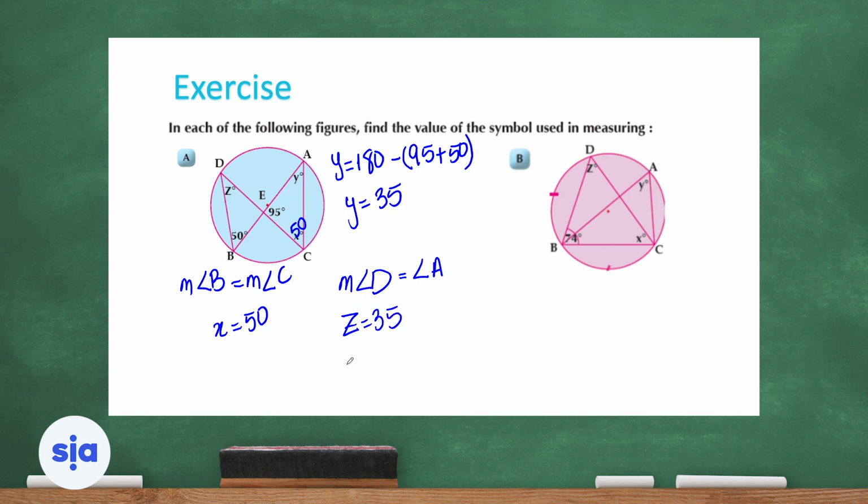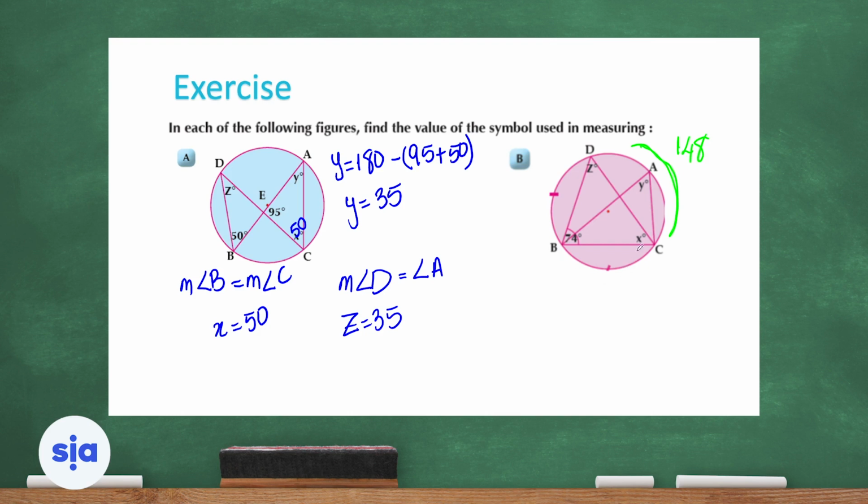Let's move on to question 2. If you go to question B, you will see that arc DC is the subtended arc of the inscribed angle B, which is 74. So the measure of arc DC is double the 74, which is 148.